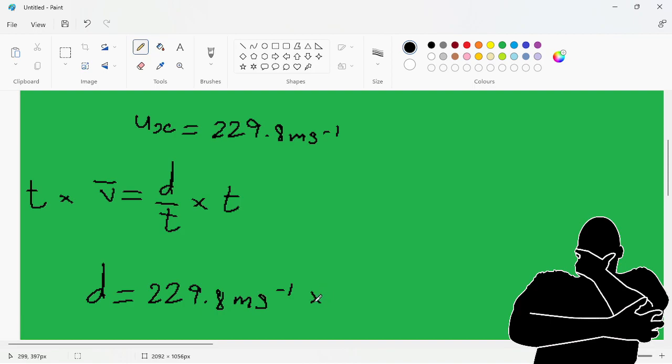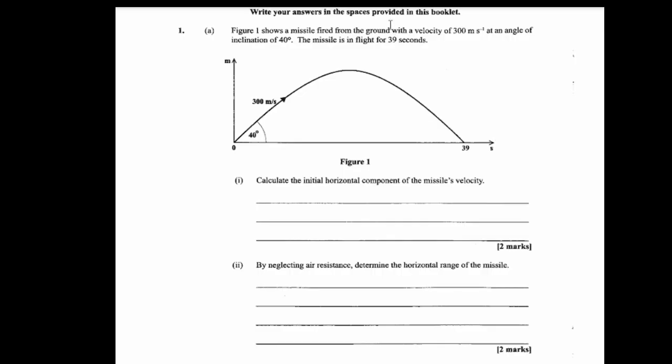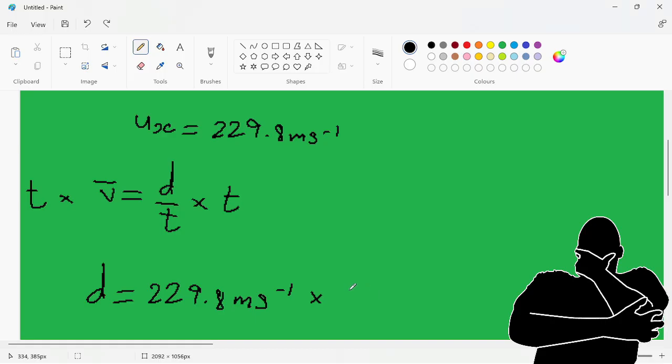Now the question gave us time as 39 seconds. The missile is in flight for 39 seconds. We're going to multiply the 229.8 meters per second by 39 seconds. And because this is per second and this is seconds, they cancel out. Per second means 1 divided by second, and second is just second divided by 1.